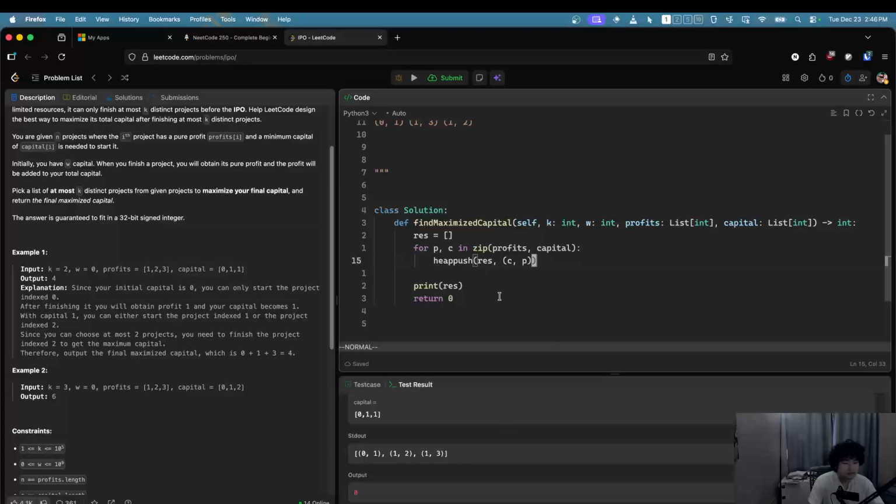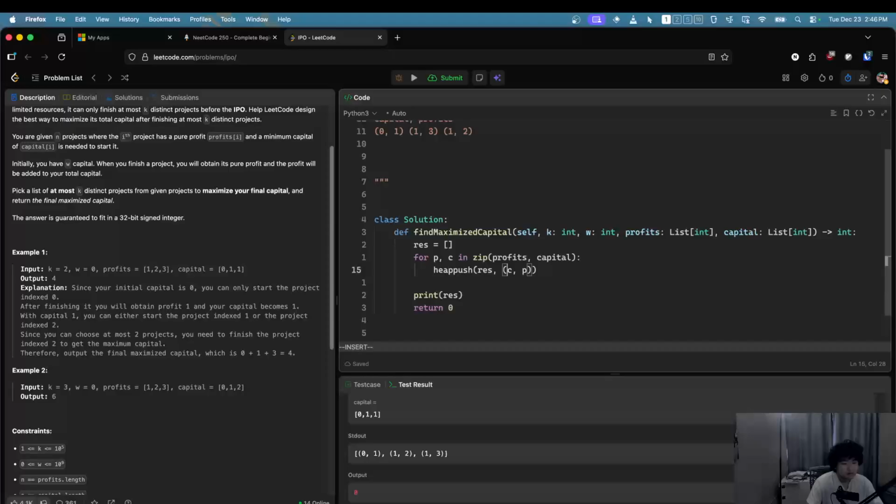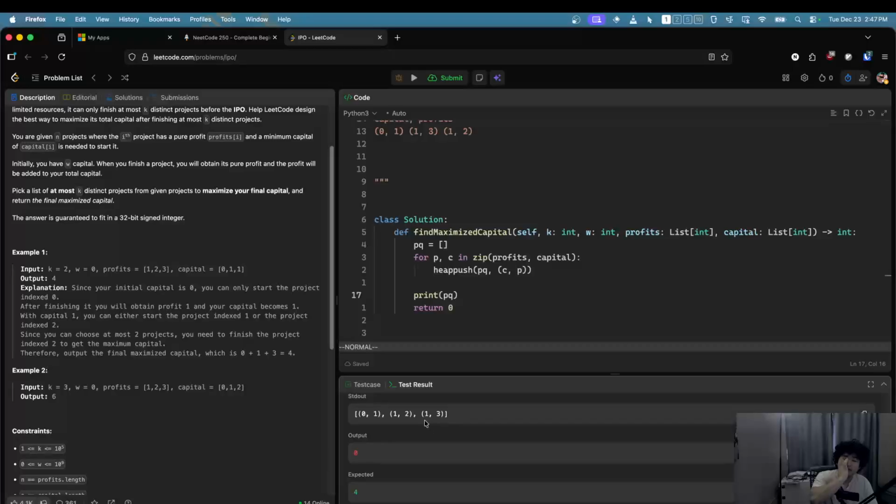Maybe if I do a max heap, let me see how a max heap would look. Let's negate these values. How would that change things? It doesn't make sense. It's more like a PQ, actually. So the idea I'm trying to solve right now is how do I resolve the same capital while prioritizing profits?